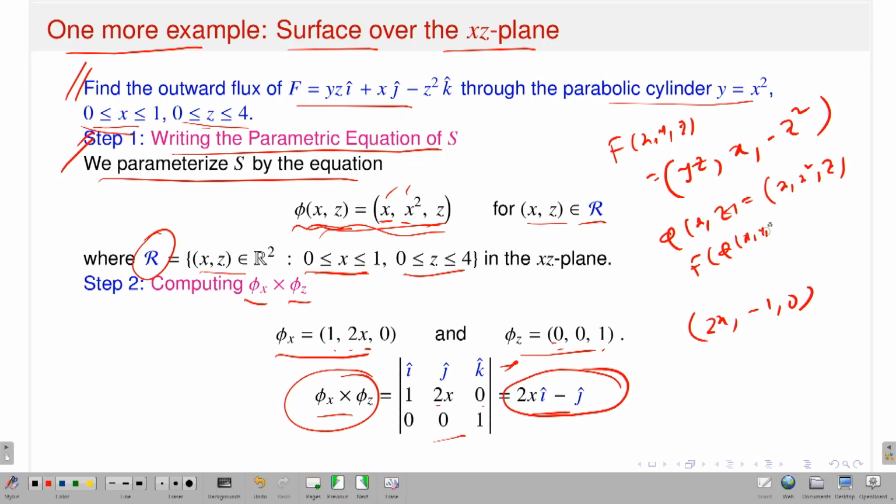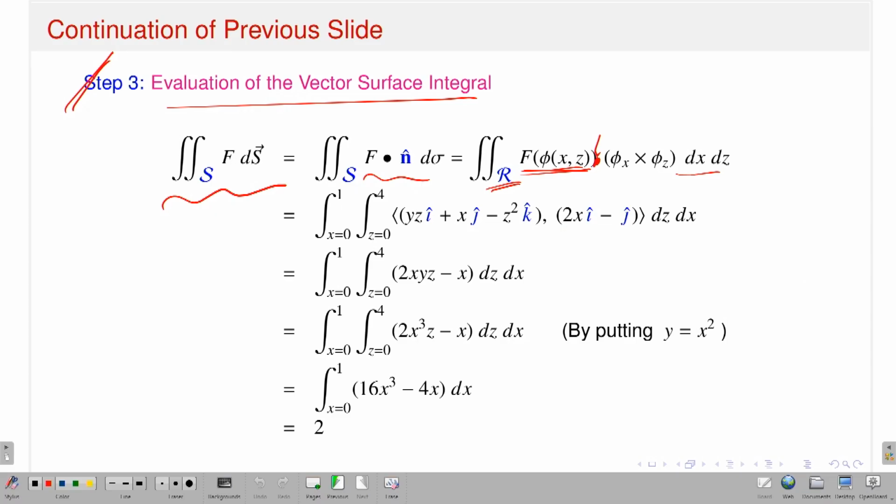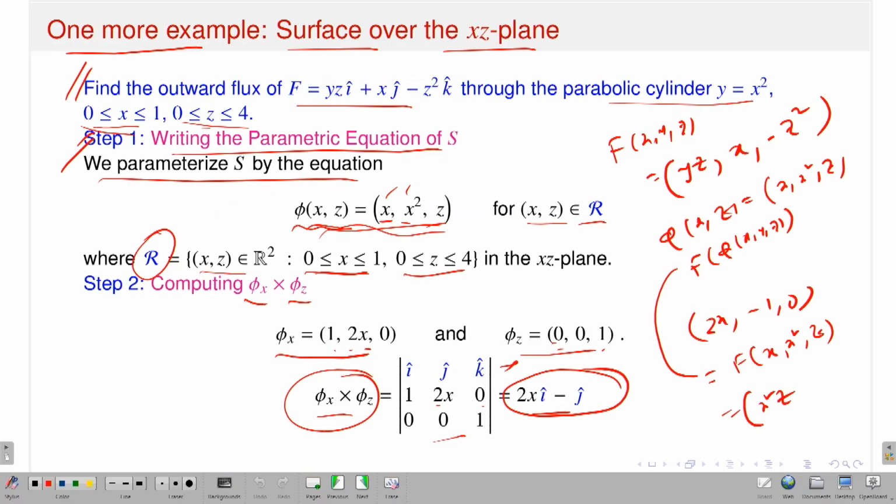It should be capital F of x comma x square comma z, and the first component should be yz, that means x squared z. Yes, I think that is correct.